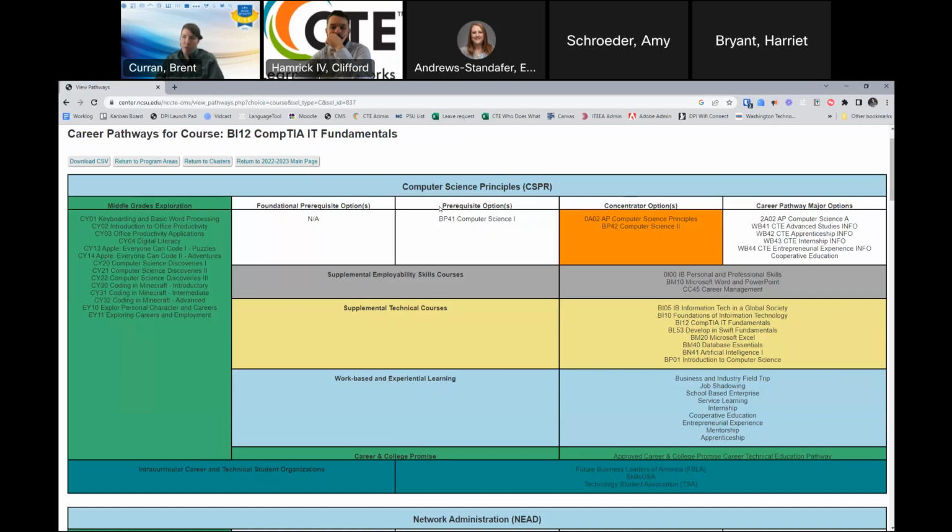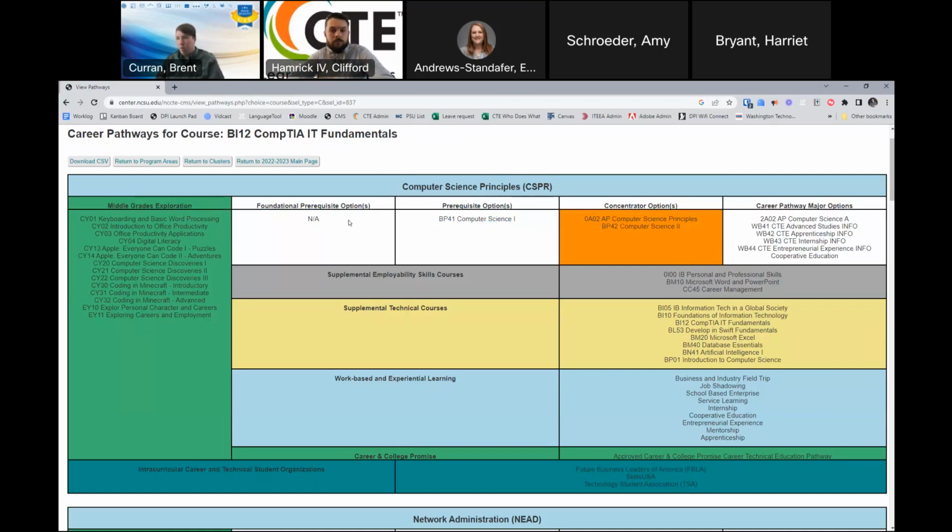So a lot of our pathways, you will see a prerequisite and a concentrator. And essentially, these are a two-course sequence. It could be multiple courses, but for the most part, you will see a two-course sequence for our pathways. So in this computer science principles pathway, students would take computer science 1, and they would take AP computer science principles, or BP 42 computer science 2.